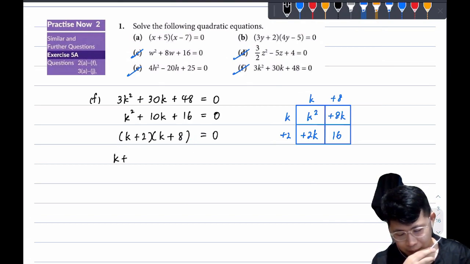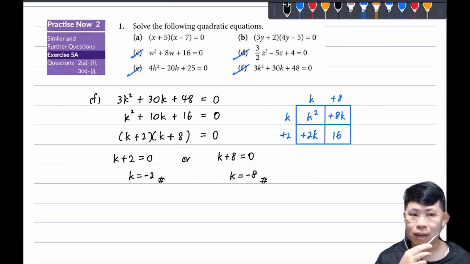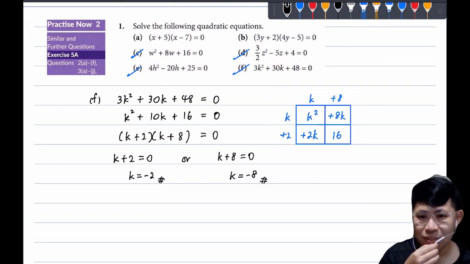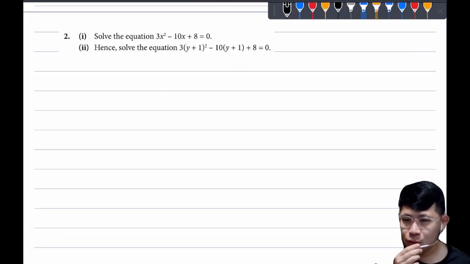So k plus 2 equals 0, k equals negative 2, or k plus 8 equals 0, so k equals negative 8. So this is going to be our answer for part D. Oops, sorry, part F. Okay, let's quickly continue to question 2.